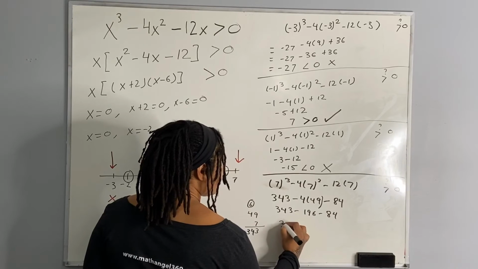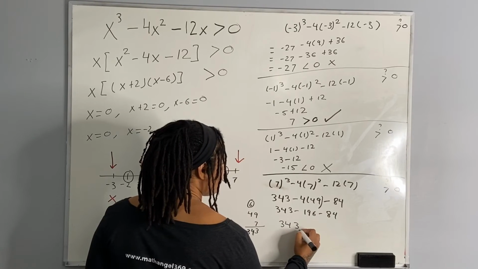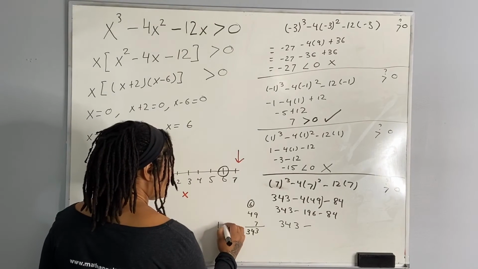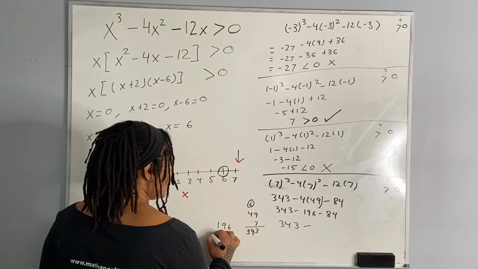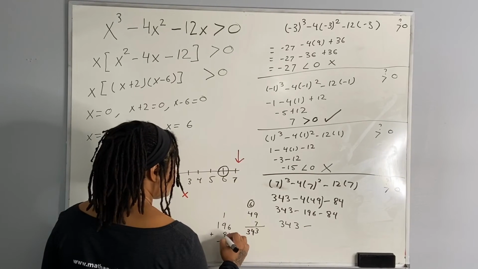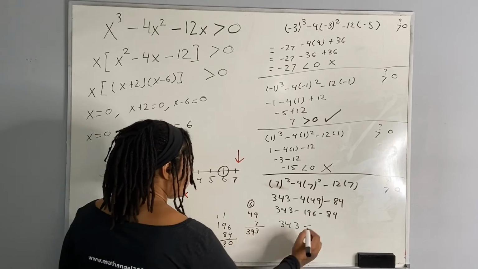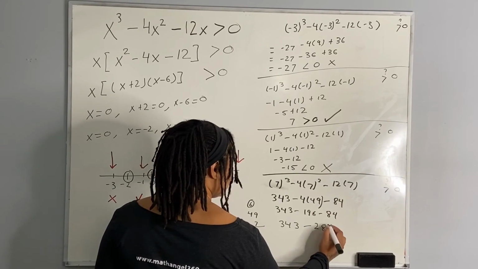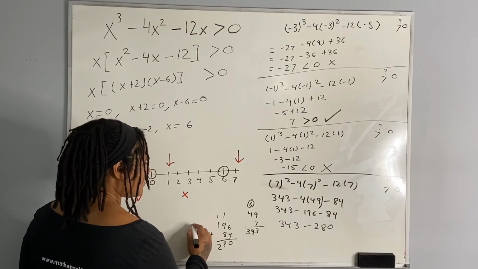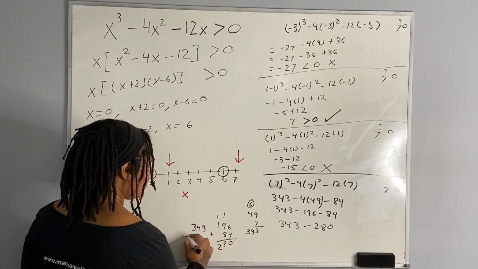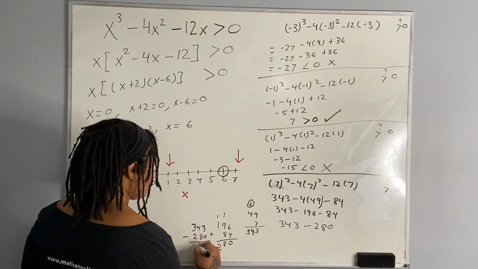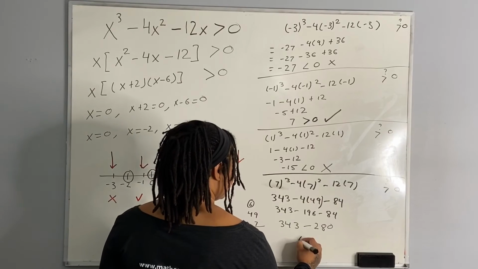If I take 196 and add it to 84, we get 280, and if we subtract 280 from 343, we get 63.